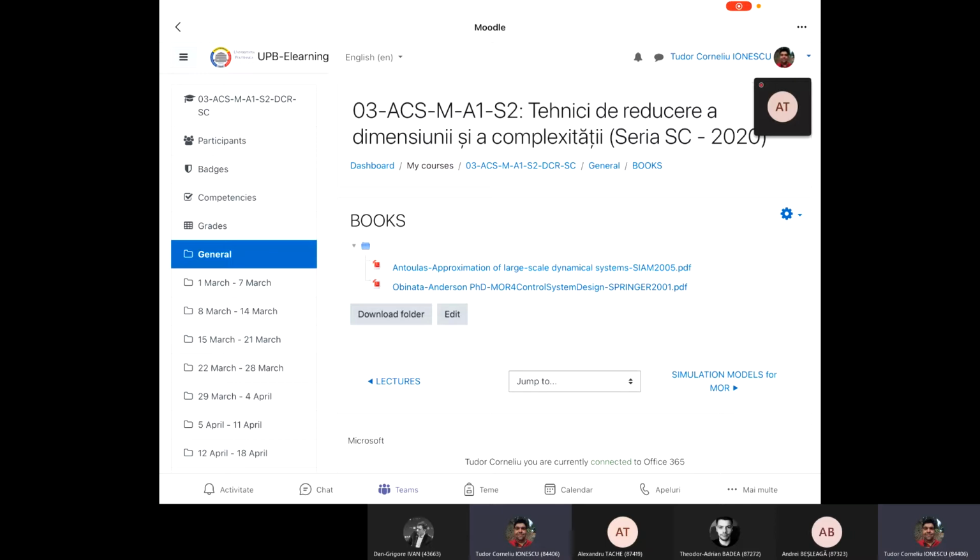This is the first book, the Antoulas book, which is very important, and you can always keep in touch with this book if you need to study this subject. And you've got another book which shows you how these techniques have been applied in industry. So you've got a couple of books.